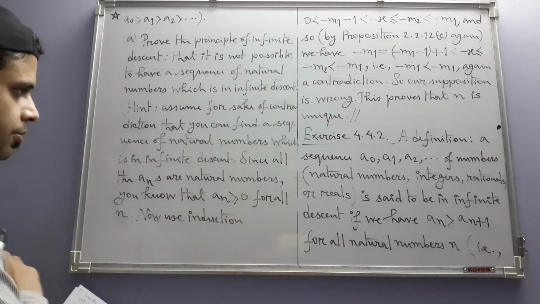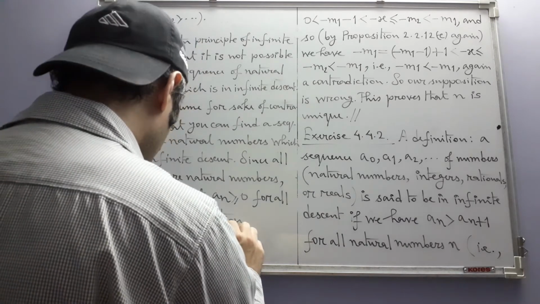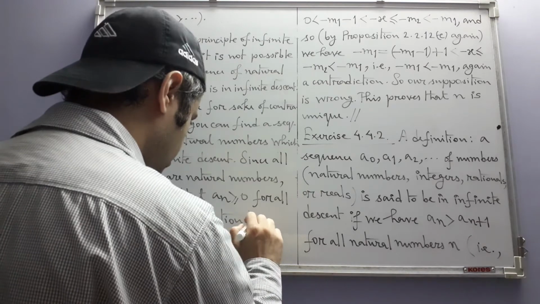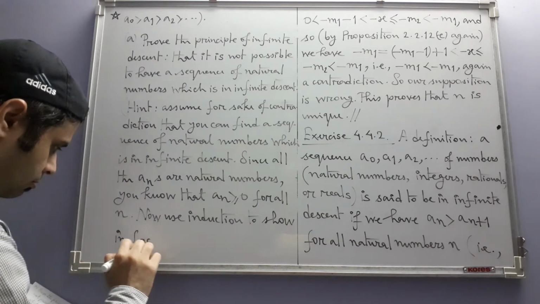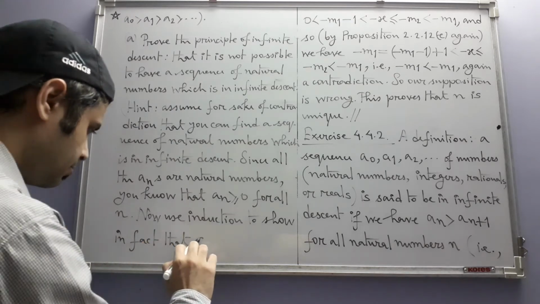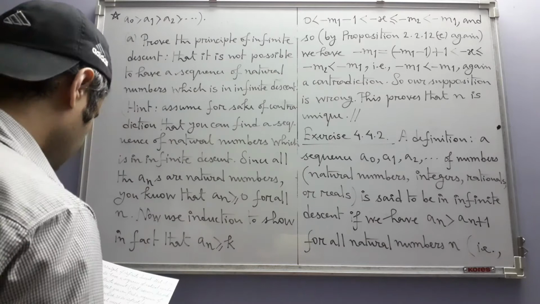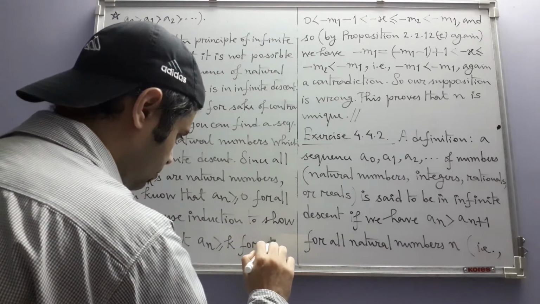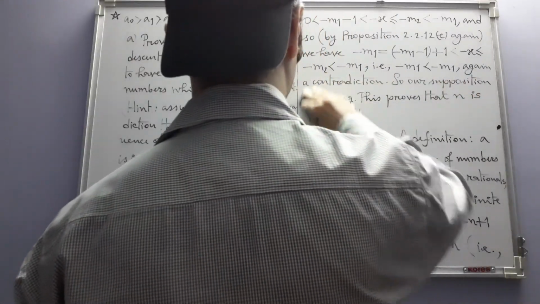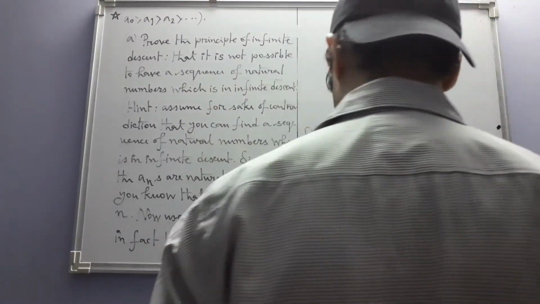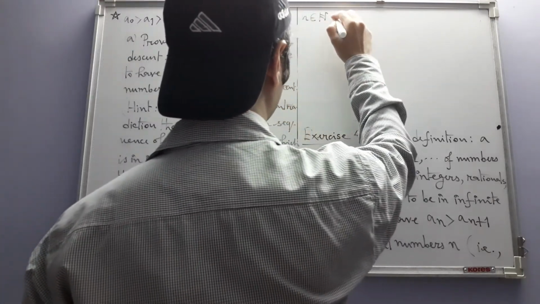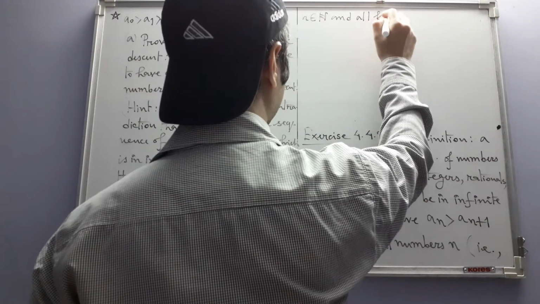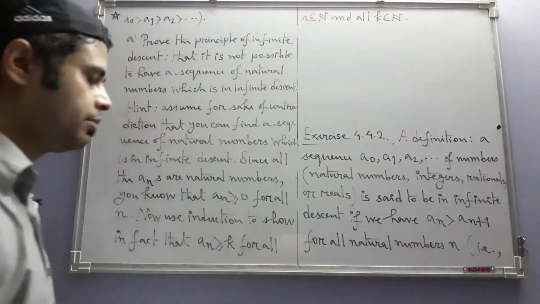Okay, some of these hints are almost an entire solution. Then use induction to show in fact that AN is at least k for all natural number labels n and all k also, where k is a natural number.